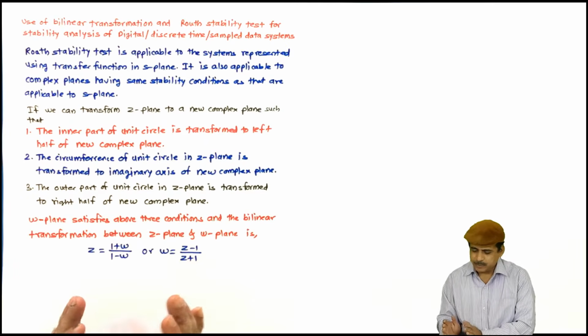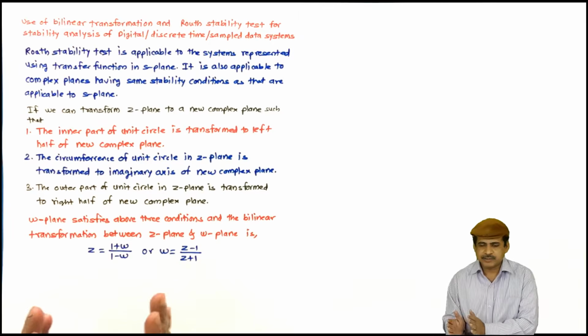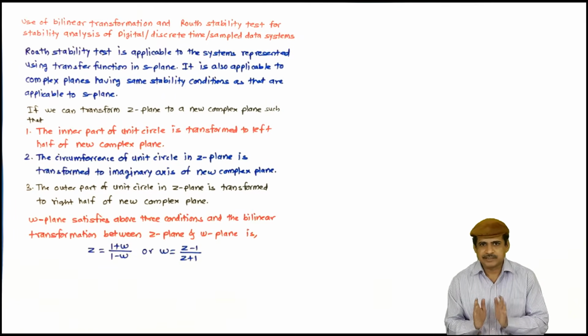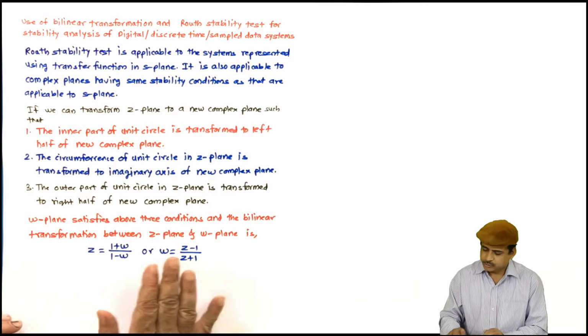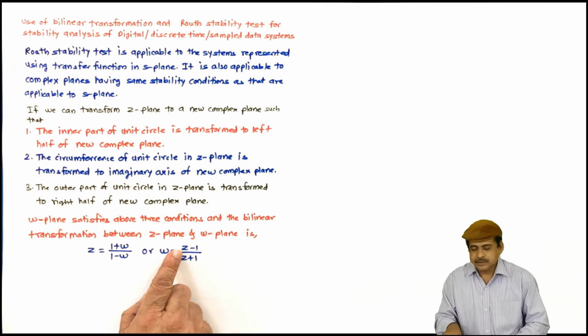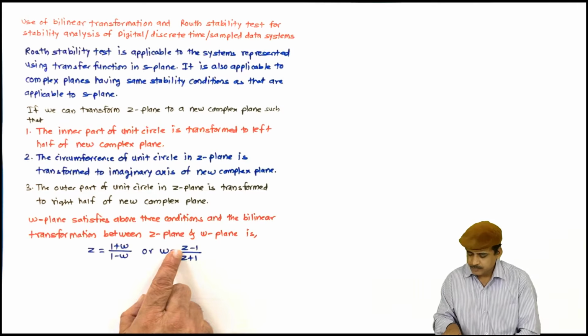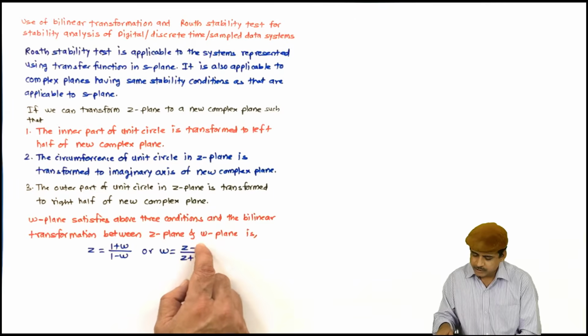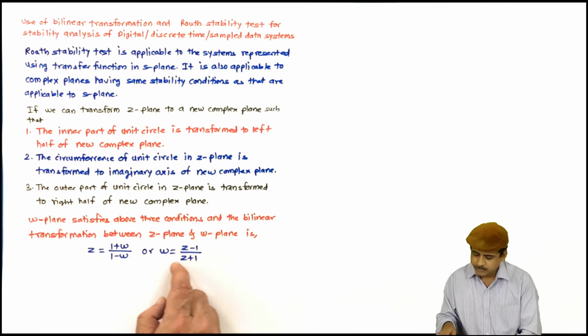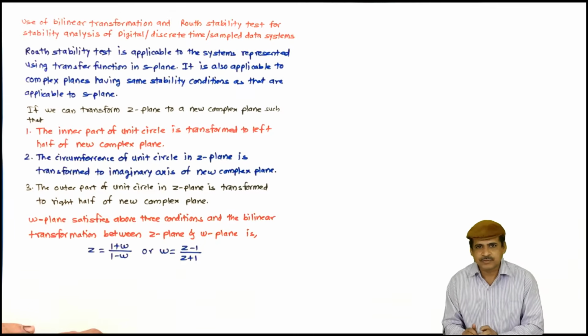Now let us consider only the real part, because the left half of S plane has real part less than 0, the imaginary axis has real part equal to 0, and the right half has real part greater than 0. So here, if Z is less than 1, then the numerator becomes negative and the denominator is positive, so overall W becomes negative, or the real part of W becomes negative, meaning it is the left half of the W plane.